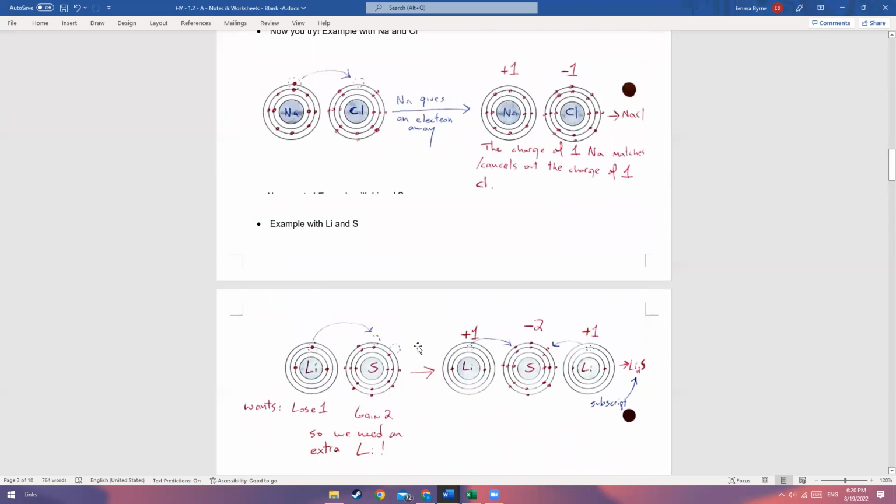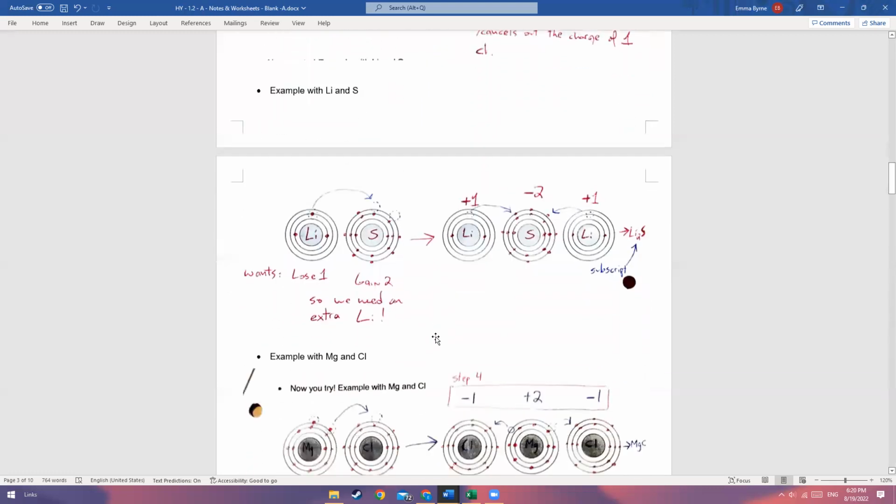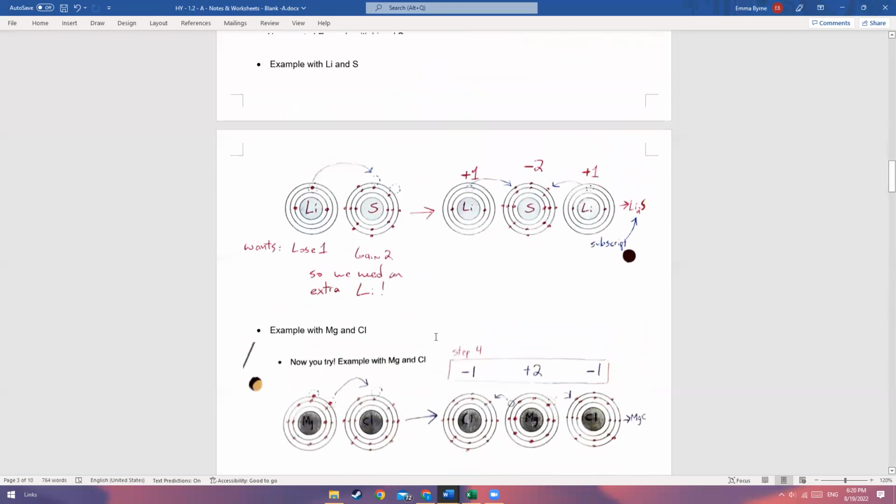So now take an opportunity, pause the video, and complete the last example with magnesium and chlorine. So now in this example, magnesium will only have 2 electrons in its outermost shell, and chlorine only has 7.